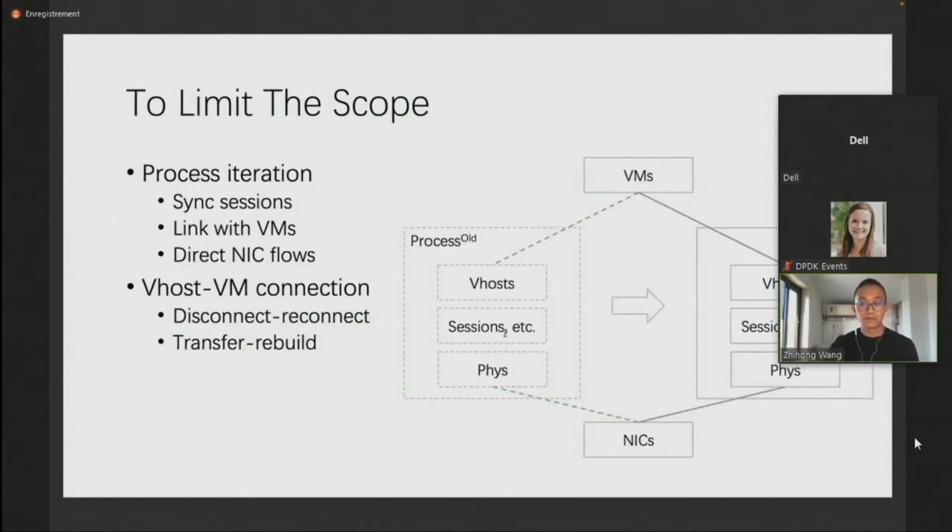And let me talk a little bit about the process. The path we chose is process iteration, which means when we have an old process running, we start the new process alongside it, and then we sync and transfer everything needed from the old process to the new one. Then the new one can take over and the old one can quit. Just to list a few here, like the sessions and also the data path.